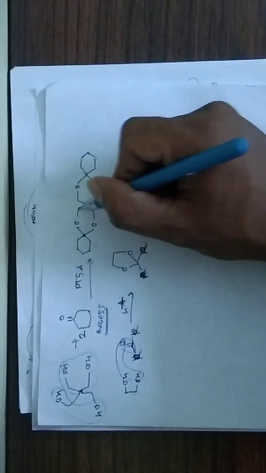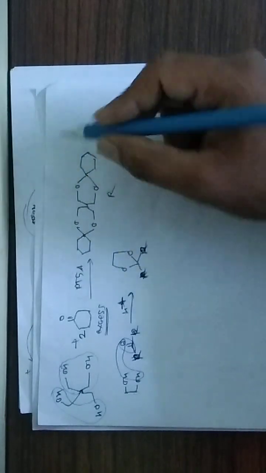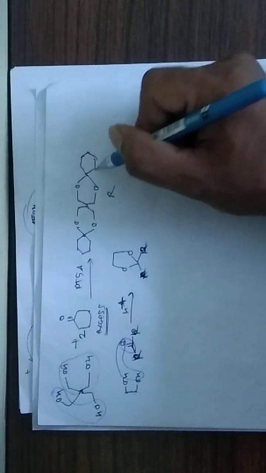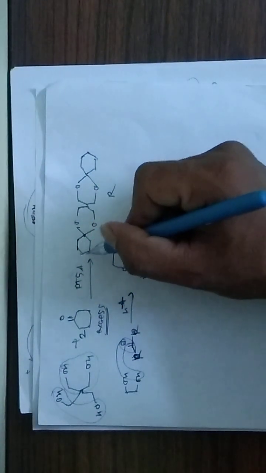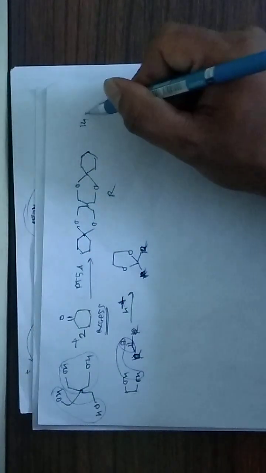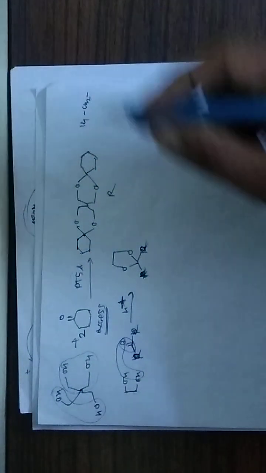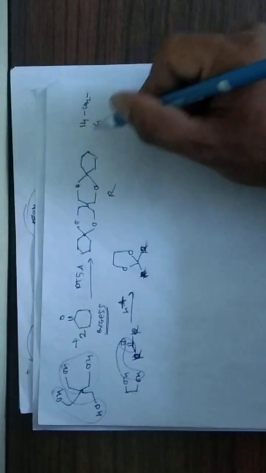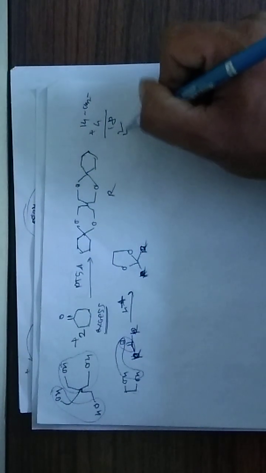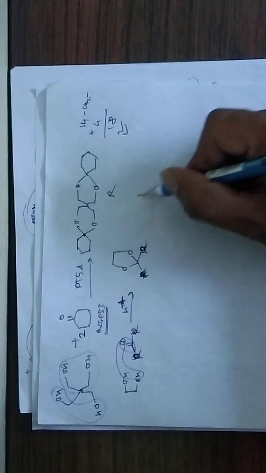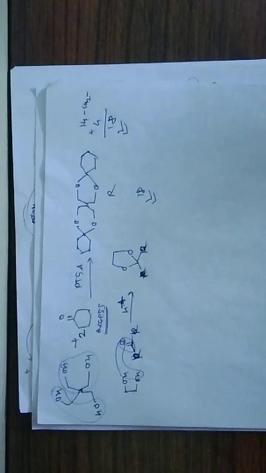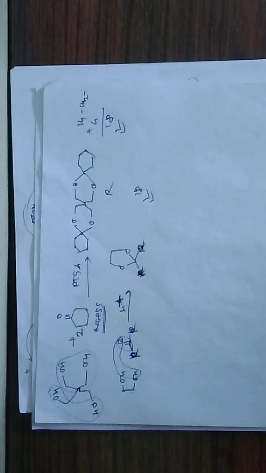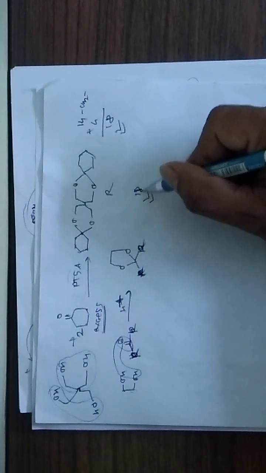This is 1, 2, 3, 4, here 5, 6, 7, 8, 9, 10, 11, 12, 13, 14, so 14 methylene groups, and the number of oxygen atoms is 1, 2, 3, 4, so 4. The sum of this is 18. So the sum of the number of methylene groups and oxygen atoms in R is 18, and our correct answer is 18.